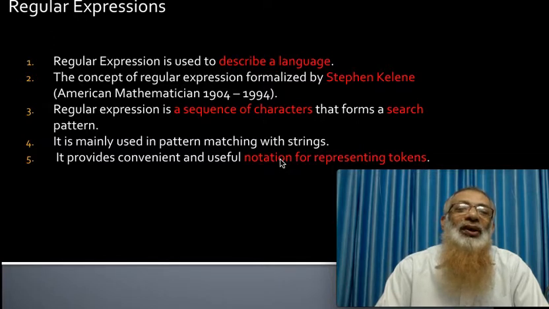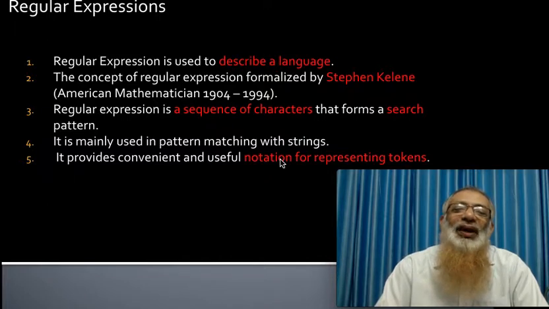Regular expressions are helpful in pattern matching exercises also. The concept of regular expression was formalized by an American mathematician called Stephen Kleene. And when we form a regular expression, it is just a series of characters.